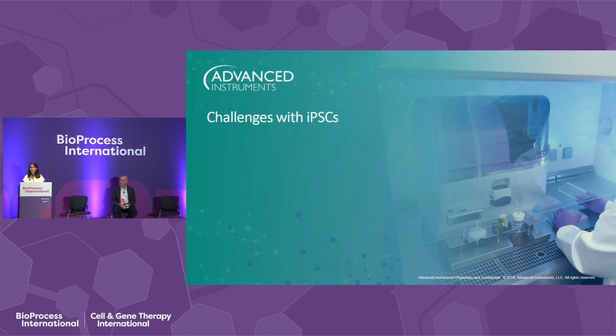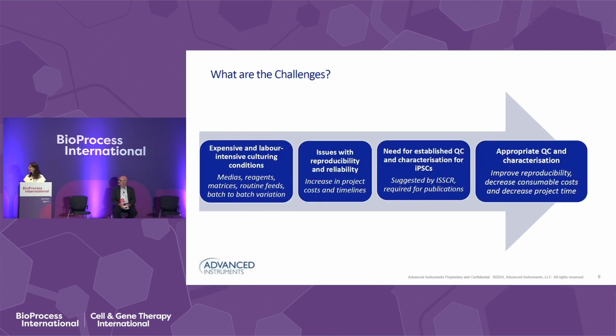So let's have a look at some of the challenges associated with handling iPSCs. As I mentioned earlier, there have been significant improvements in culturing techniques, such as feeder-free feeding media, the development of iPSC reagents, and also matrices.